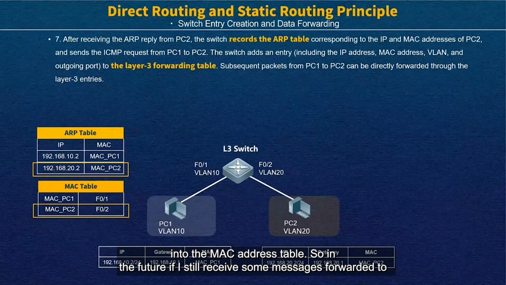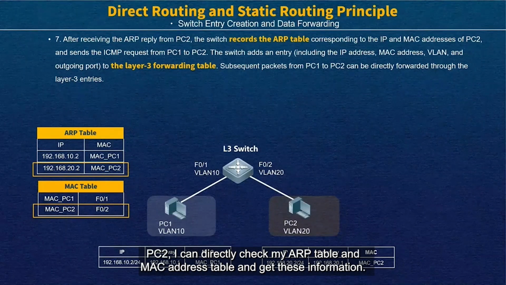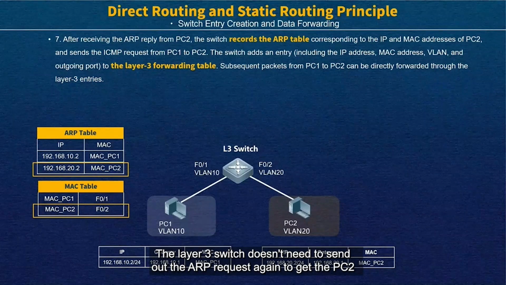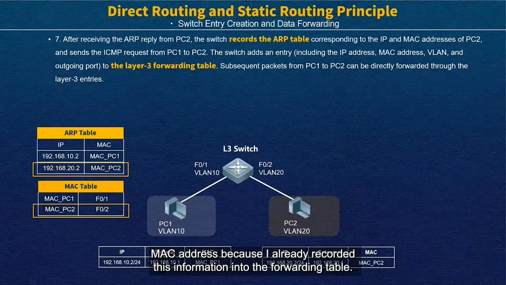So in the future, if I still receive some message to PC2, I can directly check my ARP table and MAC address table and get this information. The layer 3 switch doesn't need to send out the ARP request again to get the PC2 MAC address because I already recorded this information into the forwarding table.